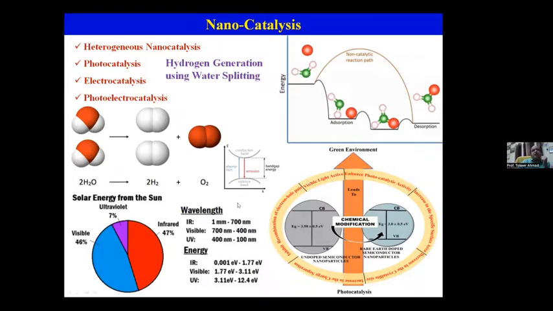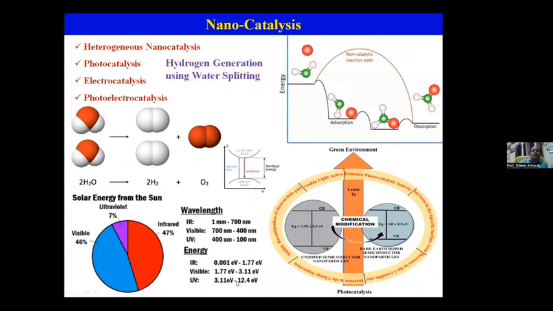The basic theme to design these nanocatalysts is that we should have their optical band gap in the visible light, meaning we could fabricate visible light driven nanocatalysts. Why? Because if you look at the spectrum of solar energy from the sun, it has nearly 46% visible light, and the wavelength of visible light is around 400 to 700 nanometer.